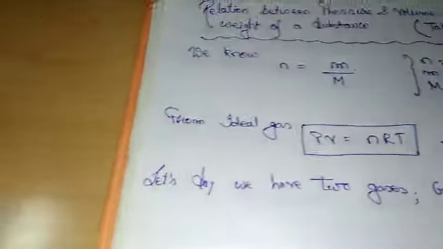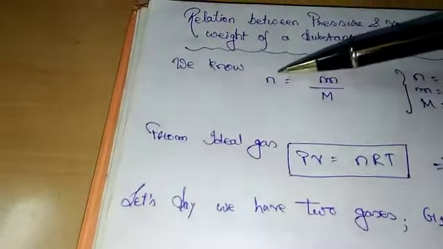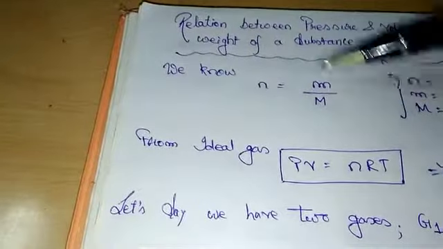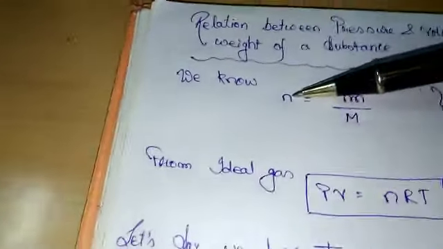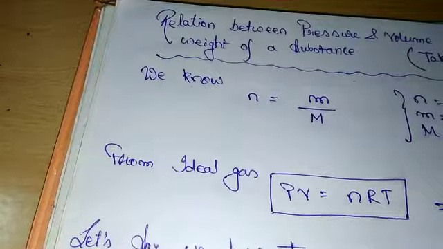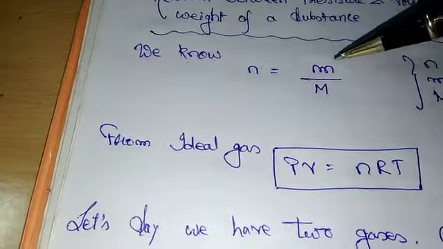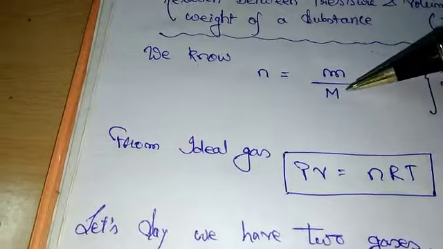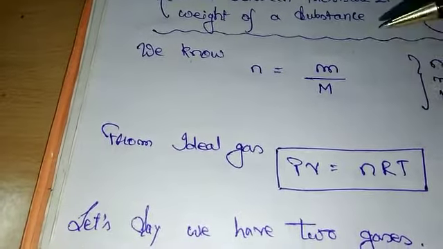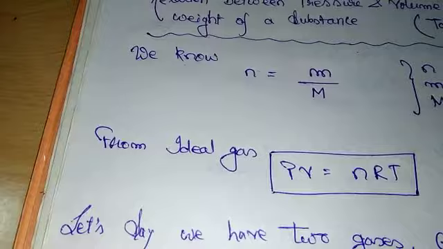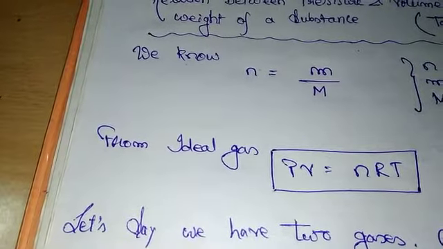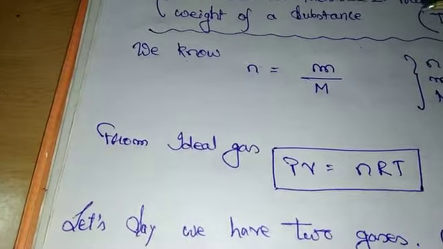So let's start by understanding n equal to m by M, the first equation. It shows that the number of moles of the given gas or fluid is equal to the mass divided by its molecular weight. Now why is that? Well, molecular weight is nothing but the weight of 1 mole of that particular element.